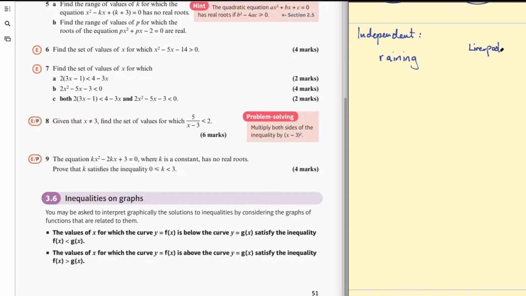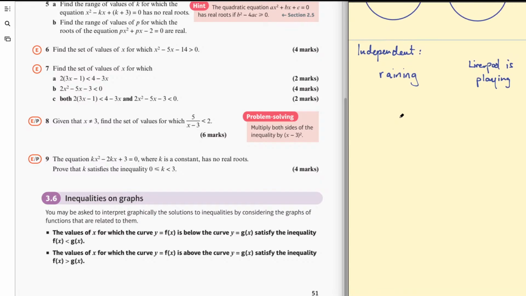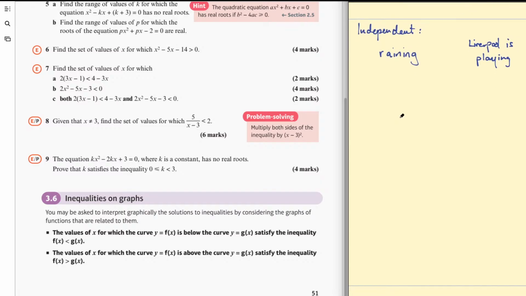Liverpool is playing. Yeah, that's a classic one. Temperature and number of ice creams sold. Although I would argue that's dependent, because the temperature impacts on the number of ice creams sold.